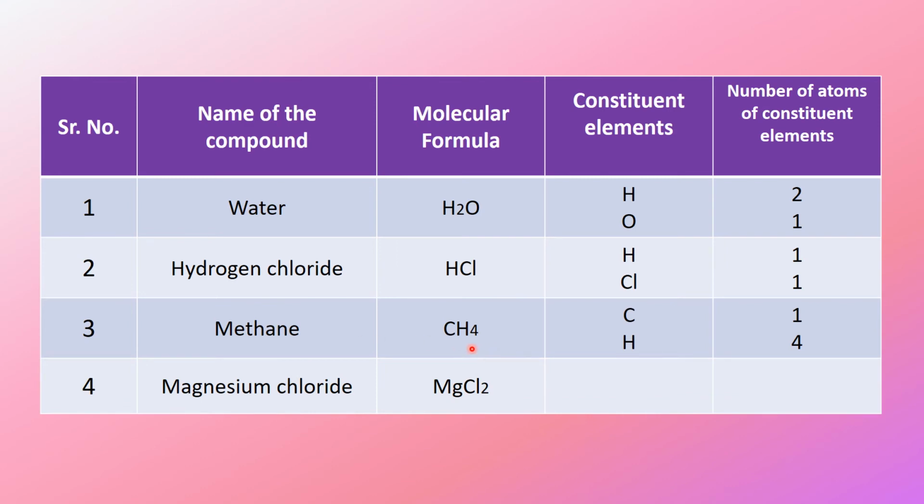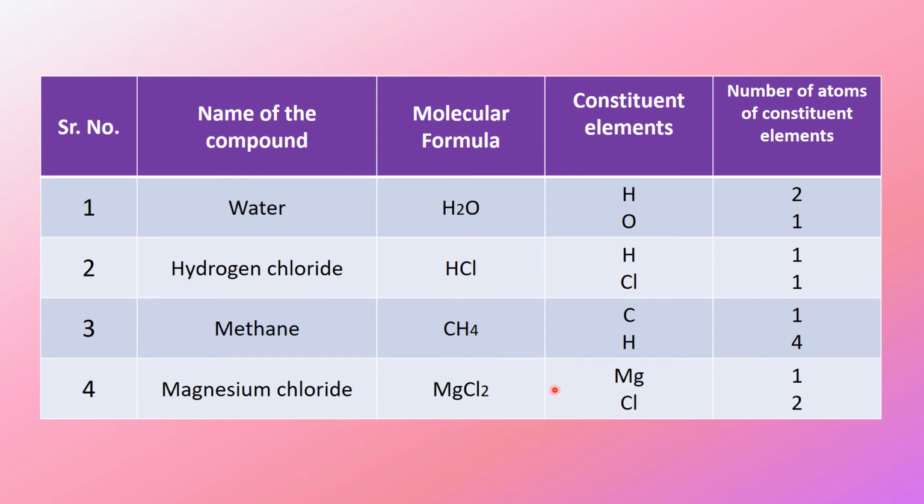The constituent elements are C and H, and the number of atoms: C 1 and H 4. Next, magnesium chloride. The formula is MgCl2. The constituent elements are Mg, that is magnesium, and Cl. So atoms: magnesium 1 and chlorine 2.